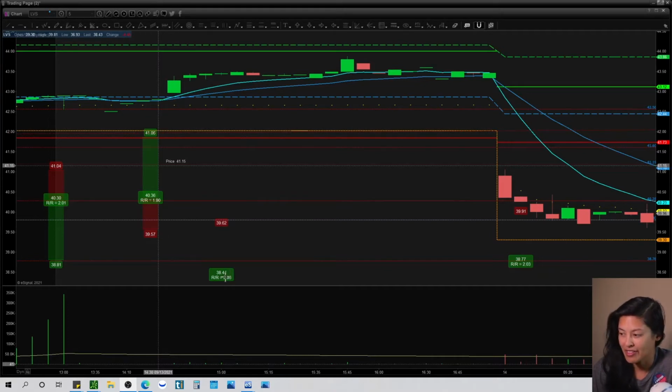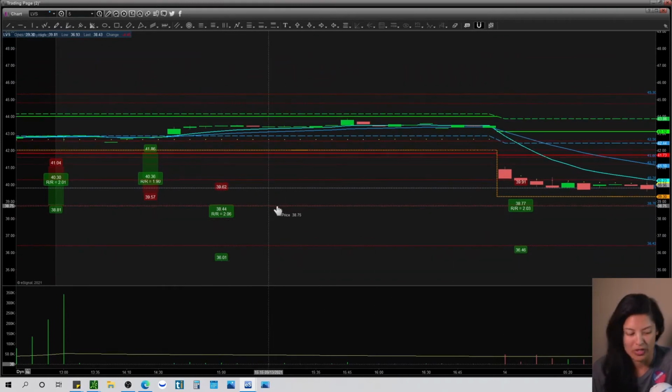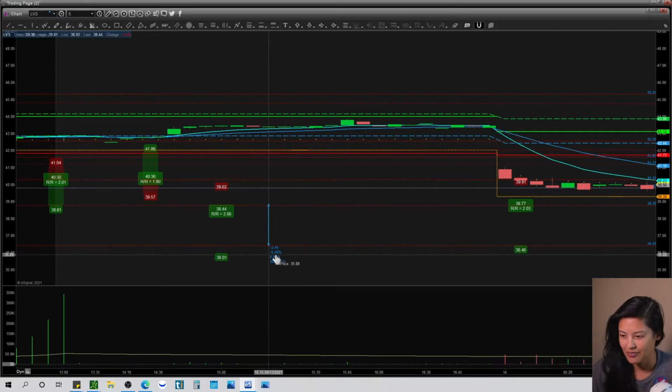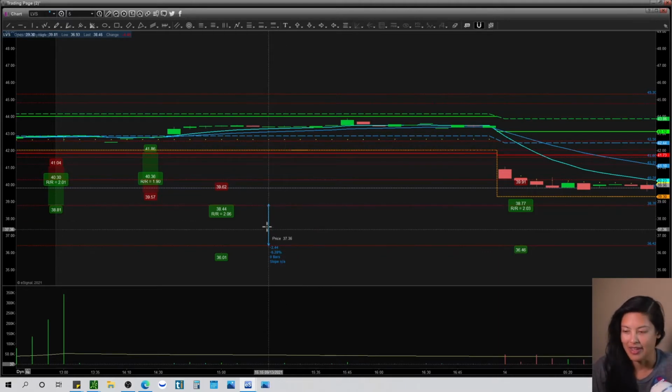Now, my favorite scenario actually was going to be using this pivot level down here, because when I show you the pivot level below it, we have a really nice window, and the distance from here to here is really nice. On eSignal, there's a tool where you can quickly measure the distance, and that's going to show me that's 6.28% or $2.44, which is much bigger than the ATR for LVS.